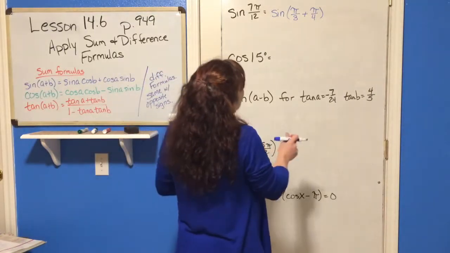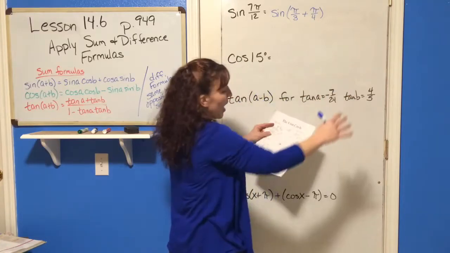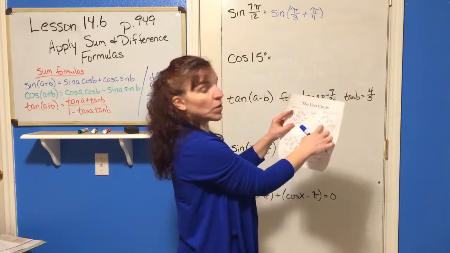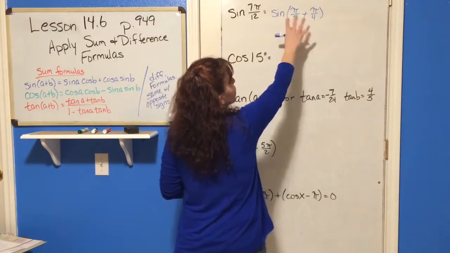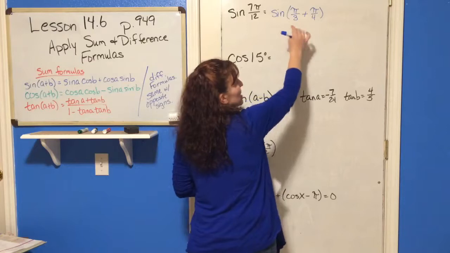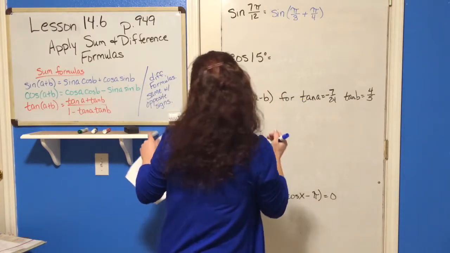All right, so in order to do this, pi over 3 and pi over 4 are both on your unit circle, so you know the sine and cosine of both of those. But you can't just take them and add them together. You've got to use your formula, so let's just plug it in.